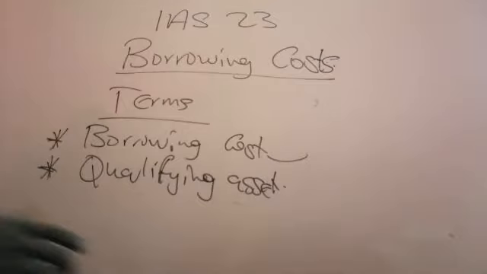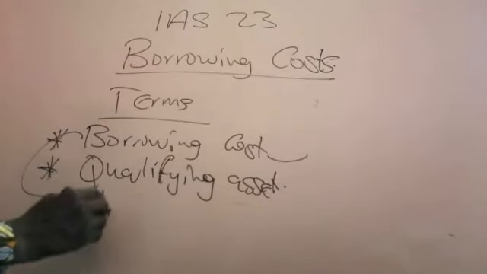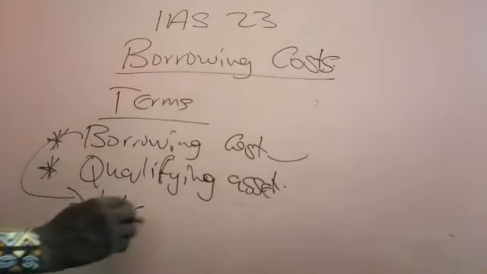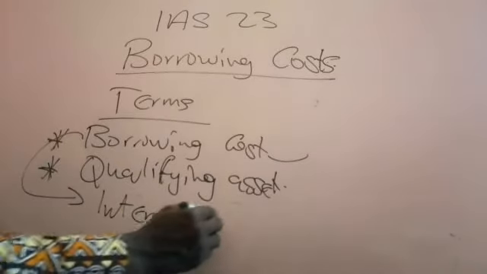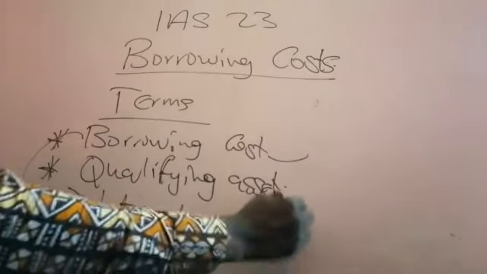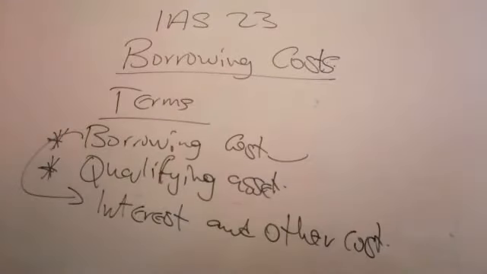Now let's see. We said that the borrowing cost is made up of what? The interest and other costs. We can give examples of other costs: processing fee, admin charges.